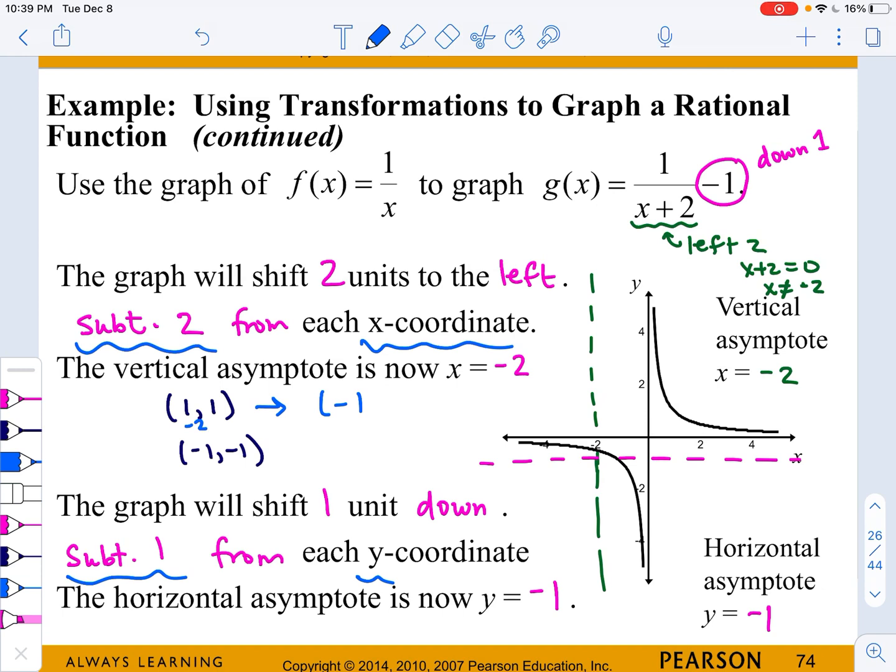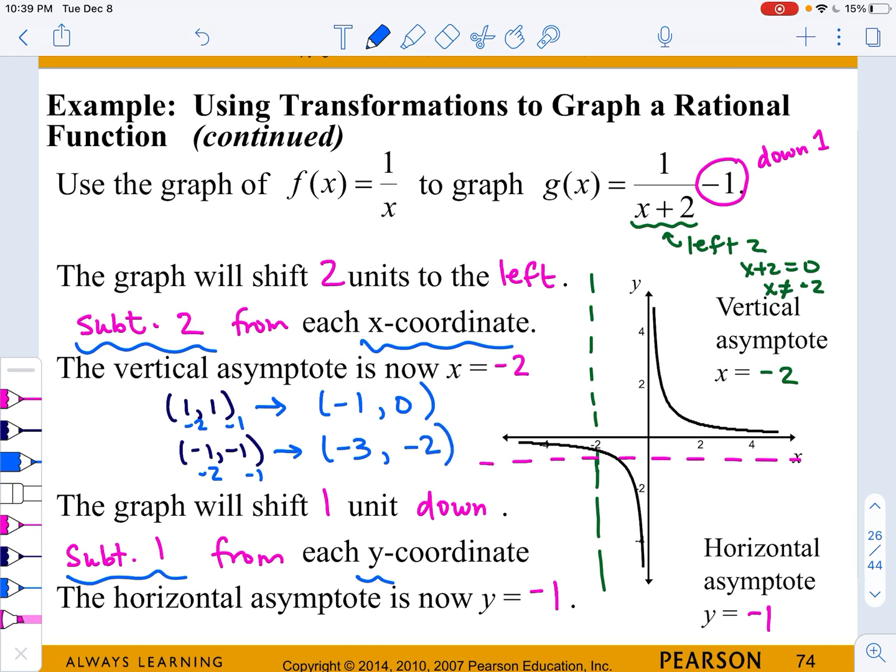And if I take a y value of 1 and subtract 1, 1 take away 1 is going to land us at 0. If I started with an x value of -1, we subtract 2, so -1 minus 2 is going to give us -3. And then if I take my y value of -1 and subtract 1 from that, -1 take away 1 is going to take us to -2.